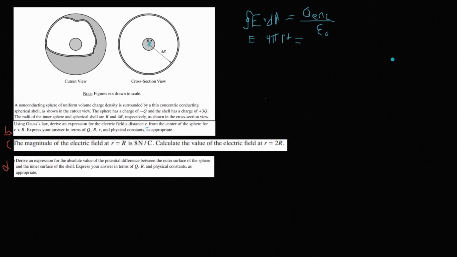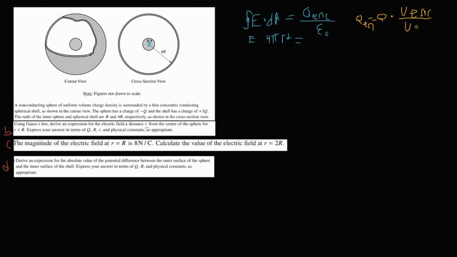Alright, to find the charge enclosed, we're going to do some arithmetic over to the side here. So the charge enclosed, Q, is going to be the charge times the ratio of the volumes.